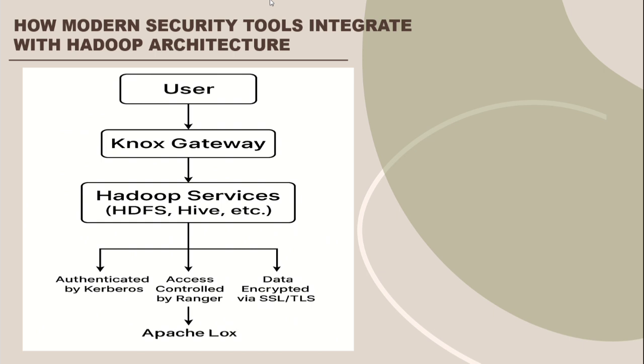Once the user request reaches Knox, it is authenticated by Kerberos, and Kerberos is like a digital ID system. It checks if the user is genuine by verifying their identity through secure tokens. After authentication, the access to specific data or service is controlled by Apache Ranger.